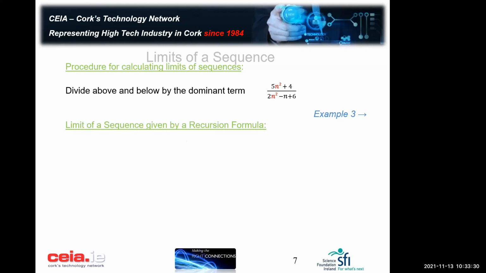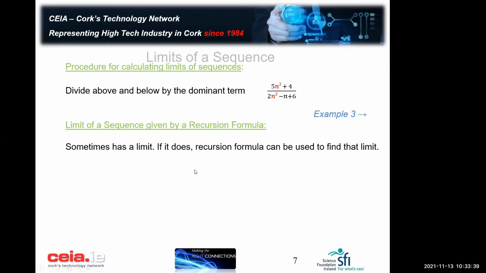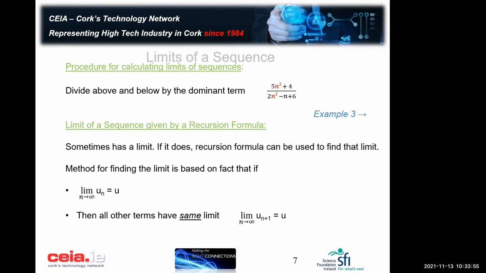So now, the limit of a sequence given by a recursion formula. Sometimes it has a limit. If it does, the recursion formula can be used to find that limit. The method for finding the limit is based on the fact that if the limit as n approaches infinity of u of n is equal to u, then all other terms have the same limit, because u of n is a general representation for every term in your sequence.